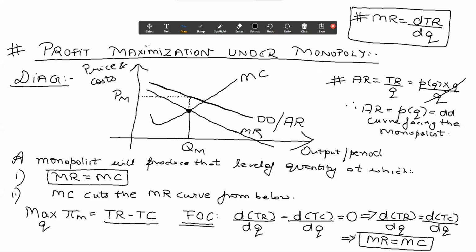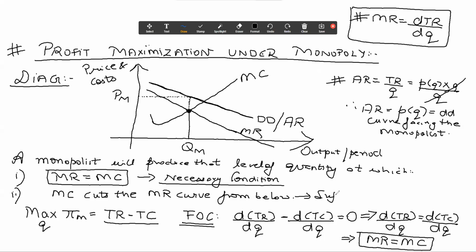So you can all see that the profit maximization of the monopolist will occur where marginal revenue is exactly equal to the marginal cost. MR equal to MC is the necessary condition. What is the sufficient condition?